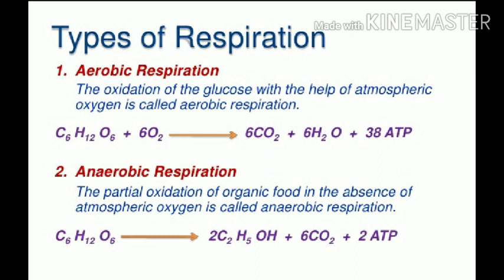Whereas in anaerobic respiration, partial oxidation of organic food happens in the absence of atmospheric oxygen. Due to partial breakdown, the amount of energy released during anaerobic respiration is much less than that of aerobic respiration. At the same time, we do not get water as a product, but ethanol and carbon dioxide are released as a product of anaerobic respiration.